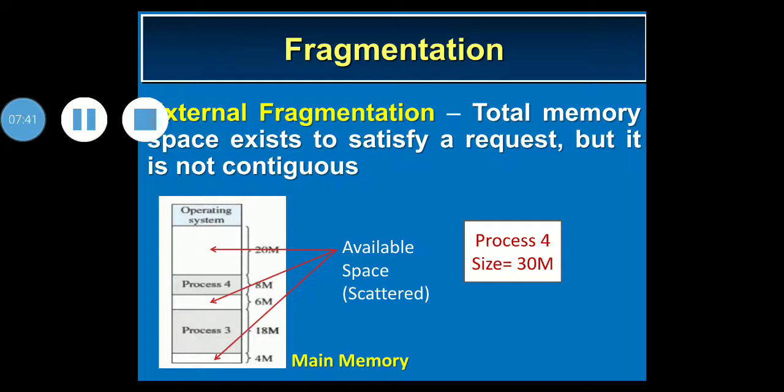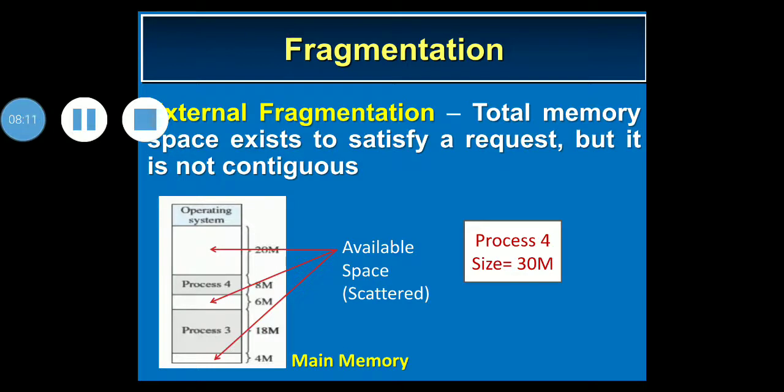In external fragmentation, the total memory space exists to satisfy a request of a process, but as the holes are not contiguous, we cannot assign those holes to the process. For example, in the diagram shown, we have total free available space as 20M plus 6M plus 4M, that is 30M.